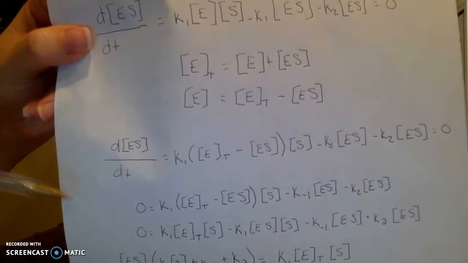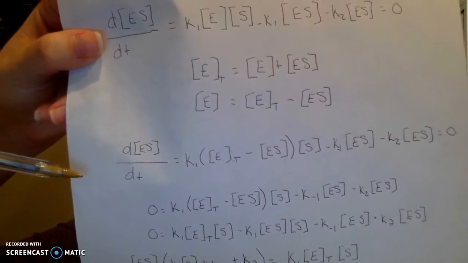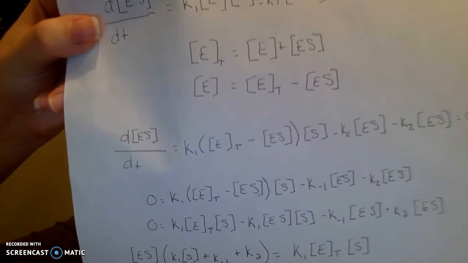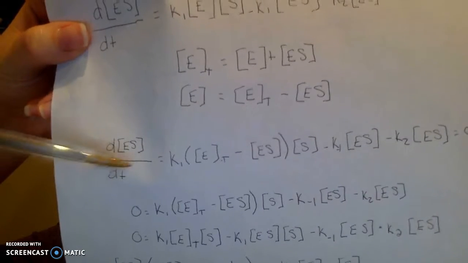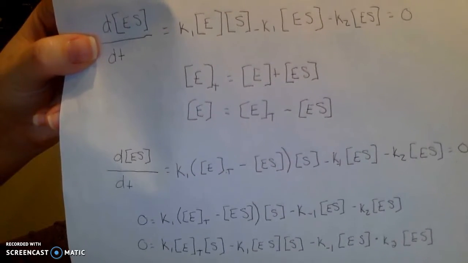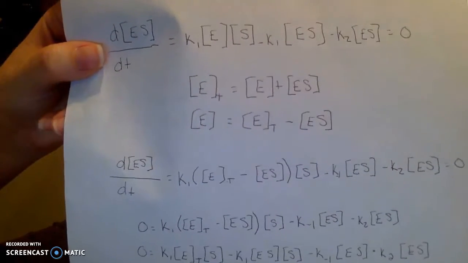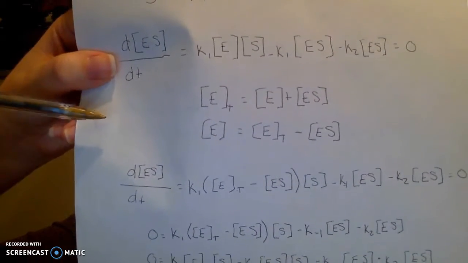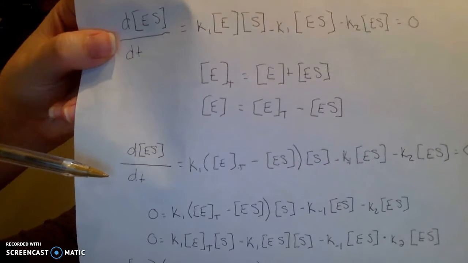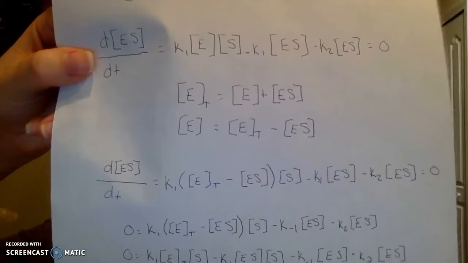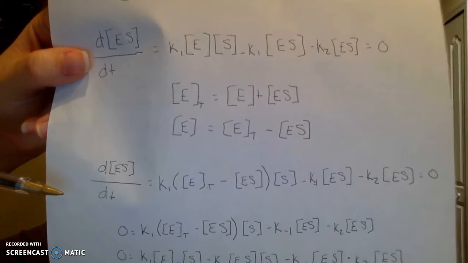We write this as an instantaneous rate of change for ES, d[ES]/dt, which equals the reaction of K1 times concentration E times concentration S minus K-1 times ES minus K2 times ES, and all of this equals 0.